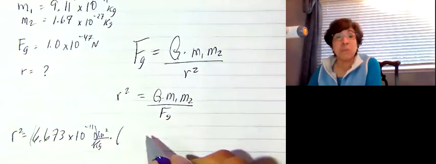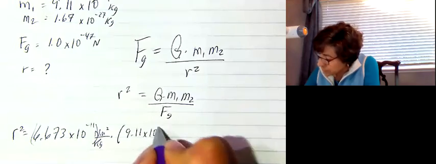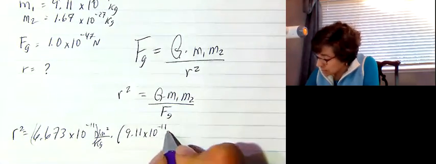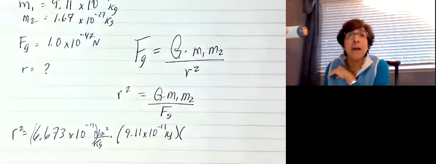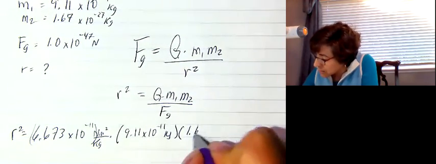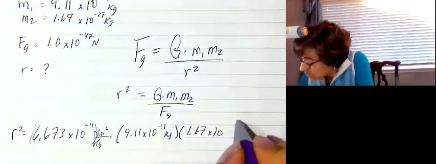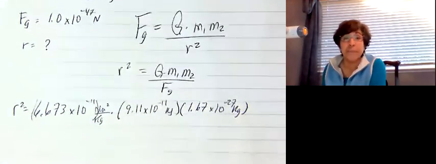And now here's what I mean by hairy, because you really need to use your parentheses, kilograms, and the next one, which is 1.67 times 10 to the negative 27 kilograms. Okay, there's my numerator.